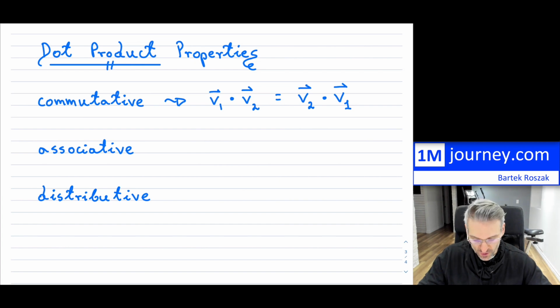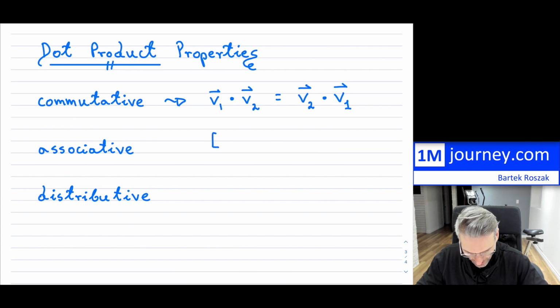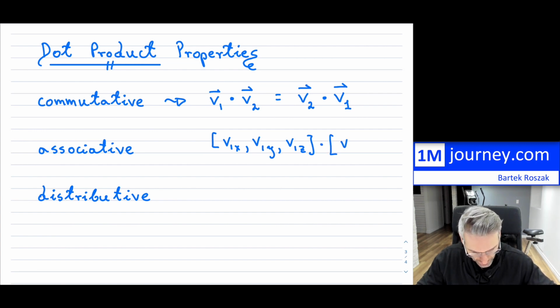Now, if you are dealing with three dimensions and you're thinking about the Cartesian representation of each vector, showing this is not very difficult. Again, you would just simply take each component. You would have v1 components right here, which I'm writing out. And then you dot them with the components of v2, so that's going to be v2x, v2y, and v2z.